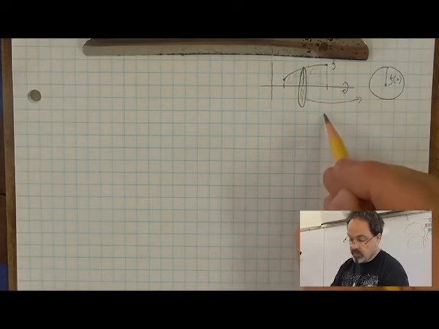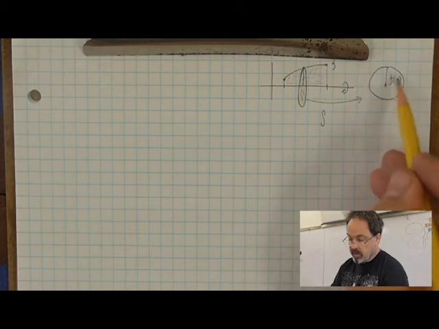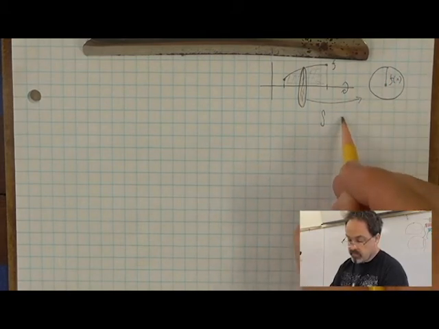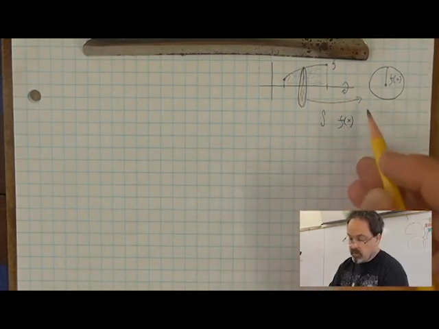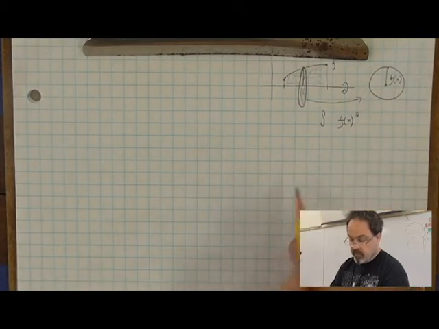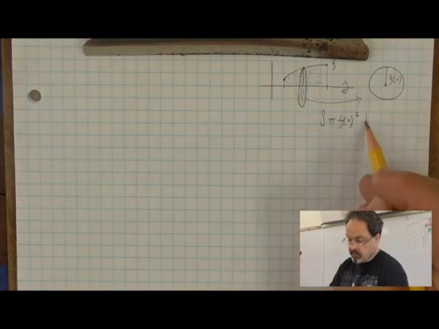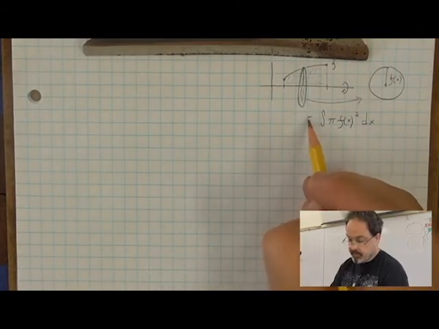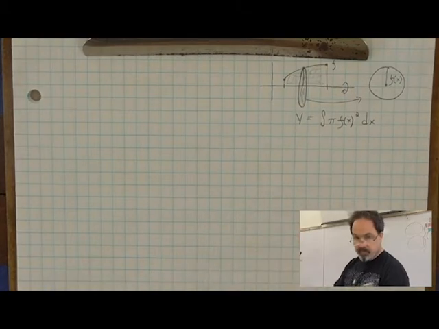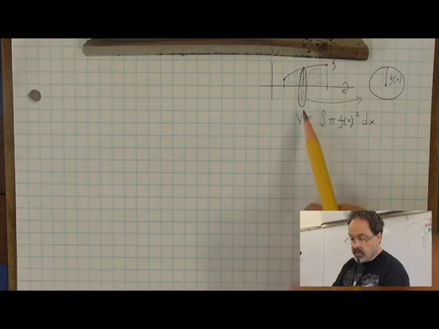And to create the solid with the integral, we added up the areas that the radius creates by squaring that function value, multiplying by pi, and summing them all together with respect to x. We called this the disk method because the representative slice, the shape of each slice, even though they might be different sizes, is a disk.